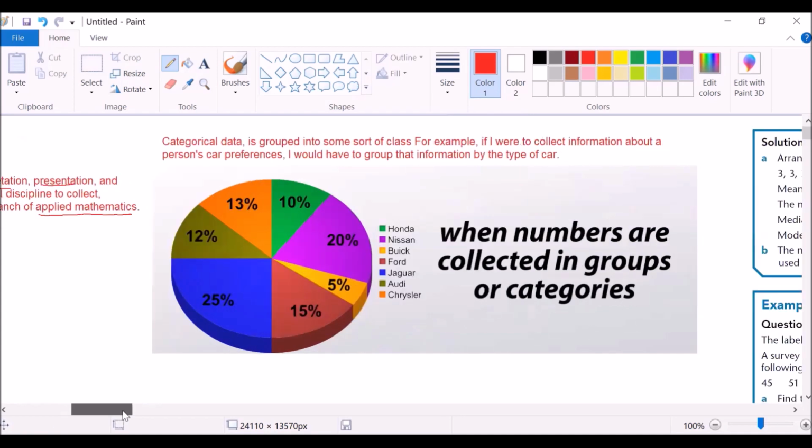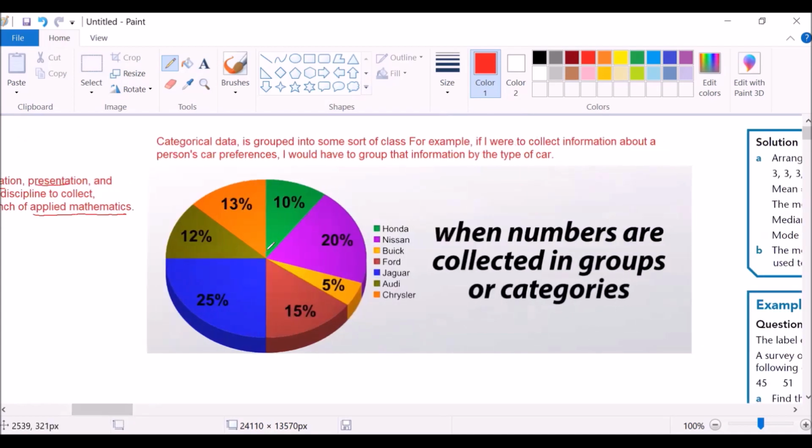So when we are looking at a particular class, we call that categorical data. It is data grouped in some sort of class. For example, if we are to collect information about people's car preferences, we would have to group that information by type of car. As an example, we can use this to say the most popular car brand is Jaguar.